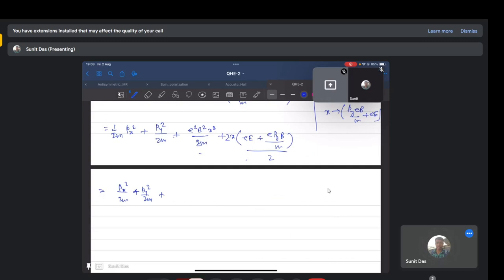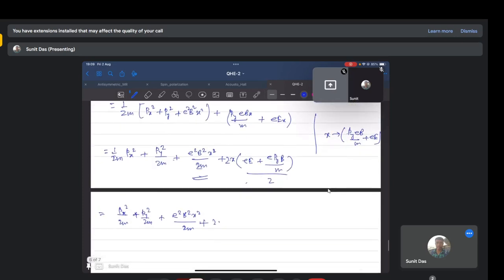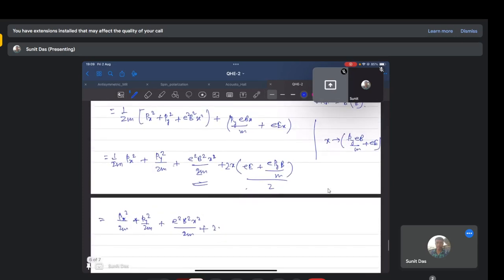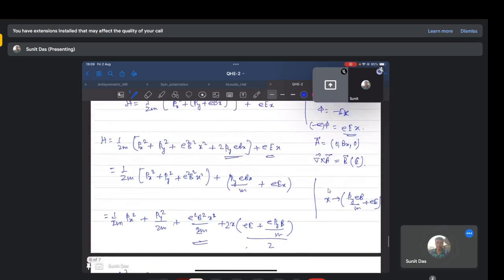So let's consider it e square B square x square by 2m, and then 2, and then I want to bring this term. So what we'll have is that, did I make a mistake somewhere?